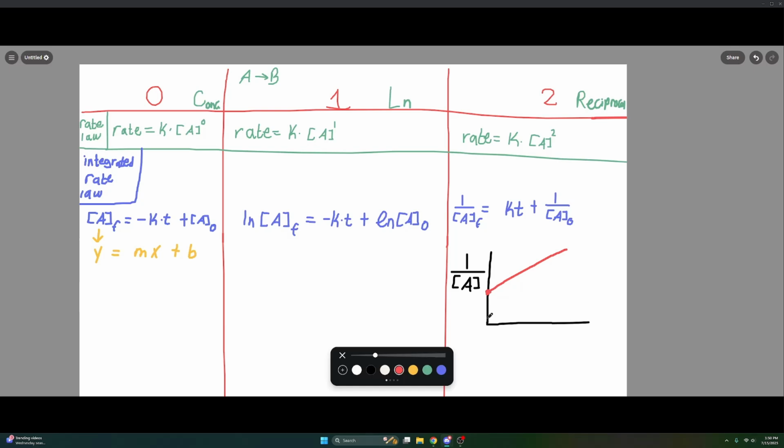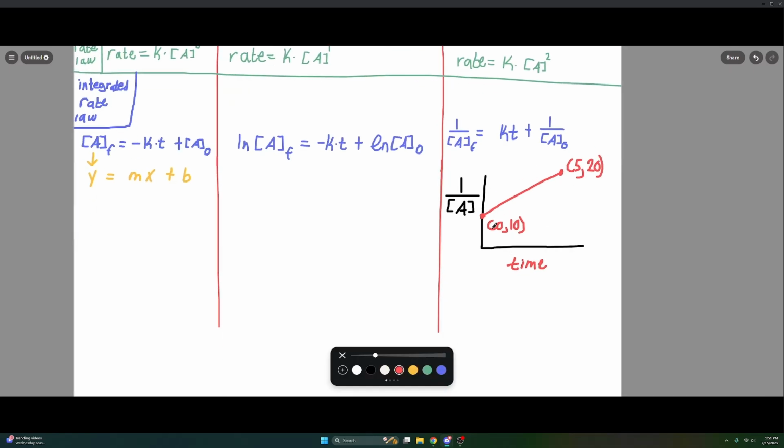Let's assign a point to our time equals 0, right? Let's say this is 10. Up here would be something like 5, 20, just to make up some numbers. This looks like my concentration is increasing, but let's examine that a little deeper.